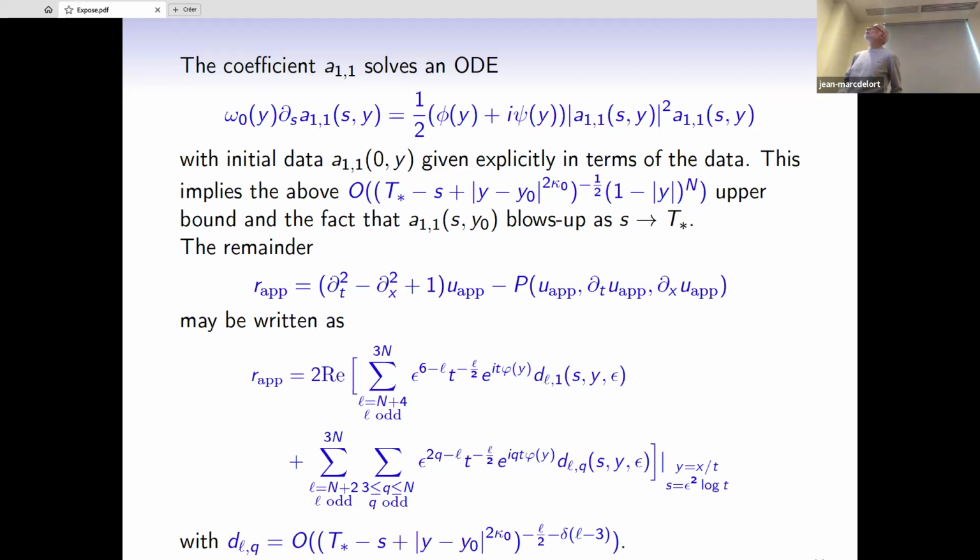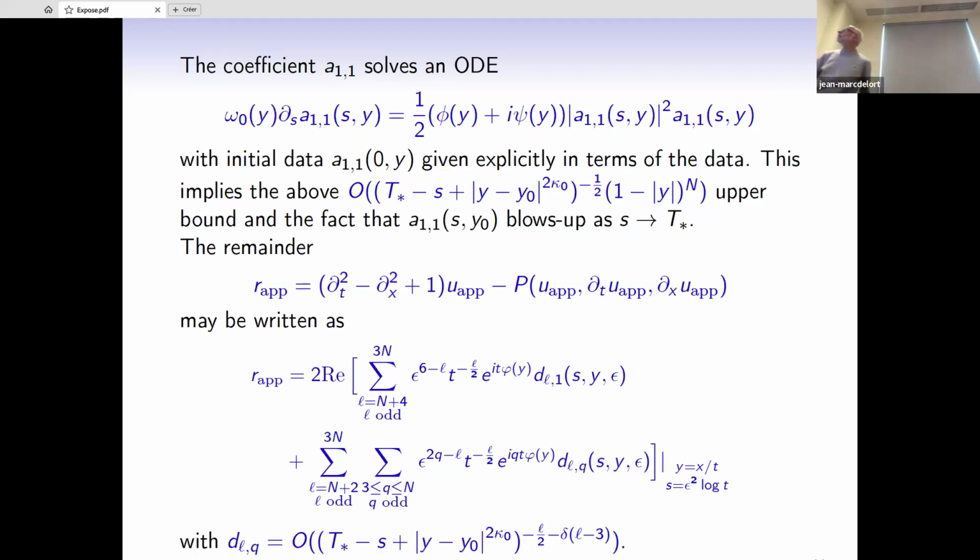When you construct your coefficients in that way, you may check that finally your approximate solution, UR, is a good approximate solution, in the sense that if you define RR to be what you get by making the difference between the operator acting on UR minus the nonlinearity computed at UR, you get that your RR has quite the same structure as UR itself, except that the sums start at some large index, L equals n plus 2.